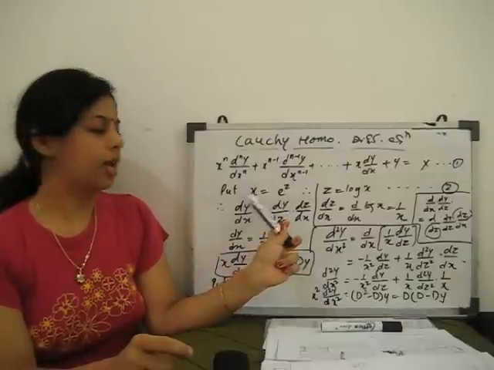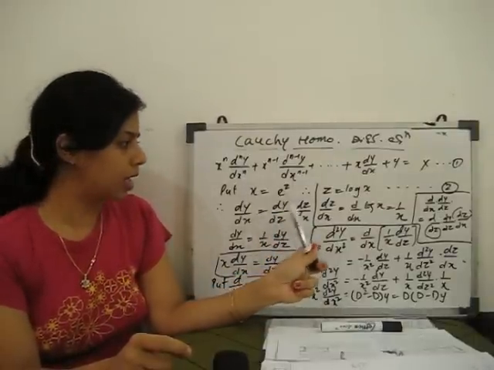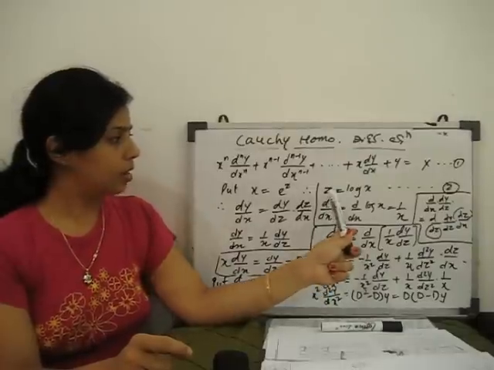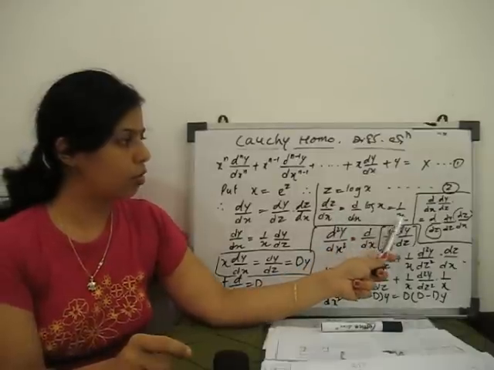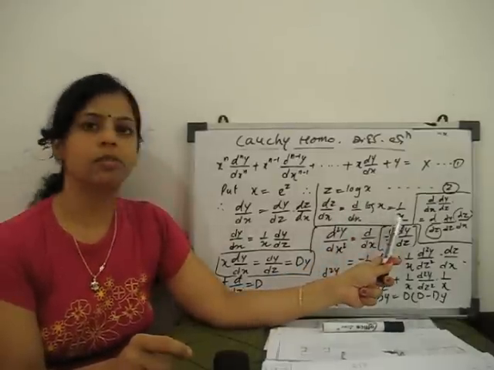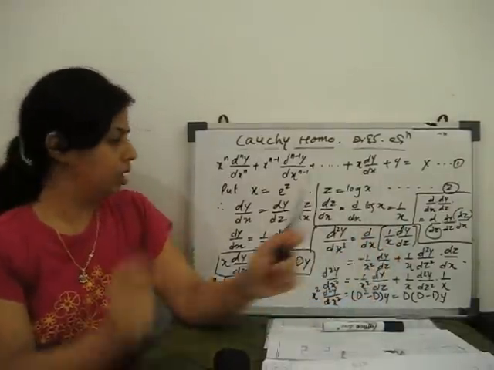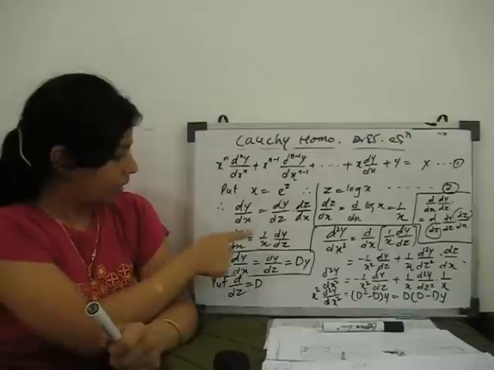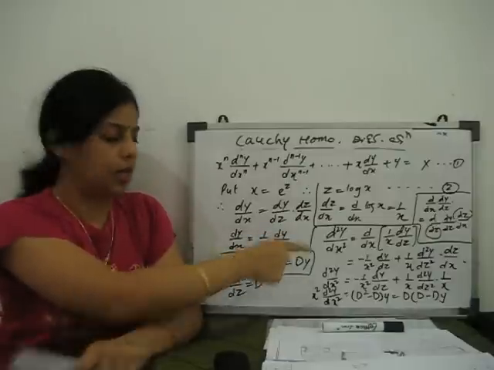Then, if we derive dy by dx, we can write dy by dz times dz by dx. From z is equal to log x, what is dz by dx? d by dx of log x is 1 by x. So dz by dx is 1 by x. Substituting, dy by dx is equal to 1 by x times dy by dz.